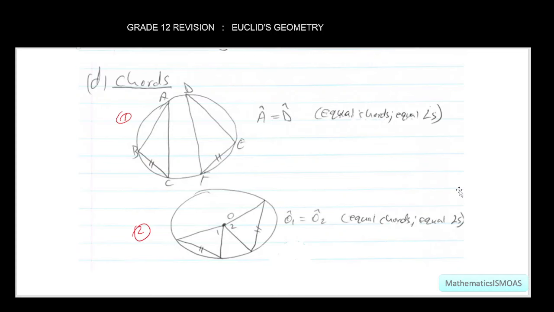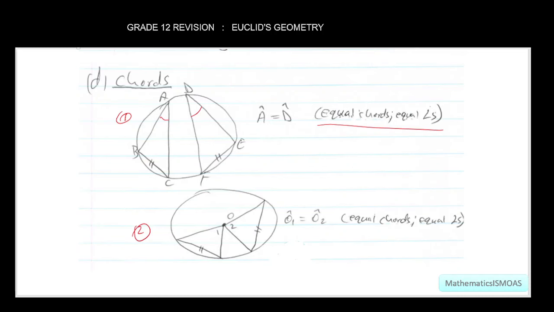Therefore, this means angle A will be equal to angle D. Why? Because the two angles are subtended by equal chords. Then the reason will be equal chords, equal angles. Meaning equal chords will subtend equal angles.